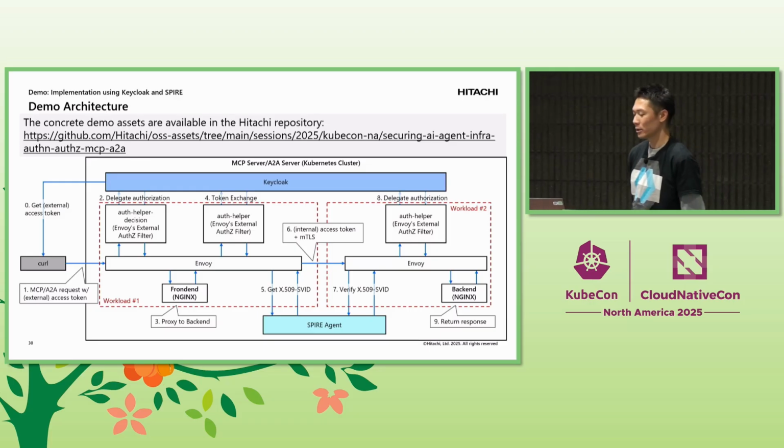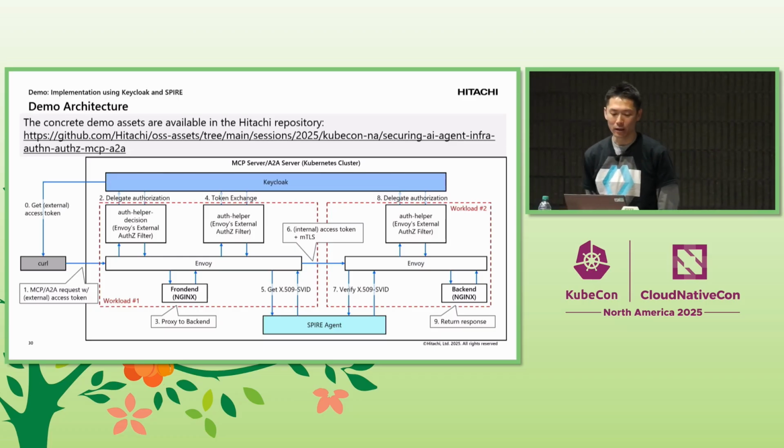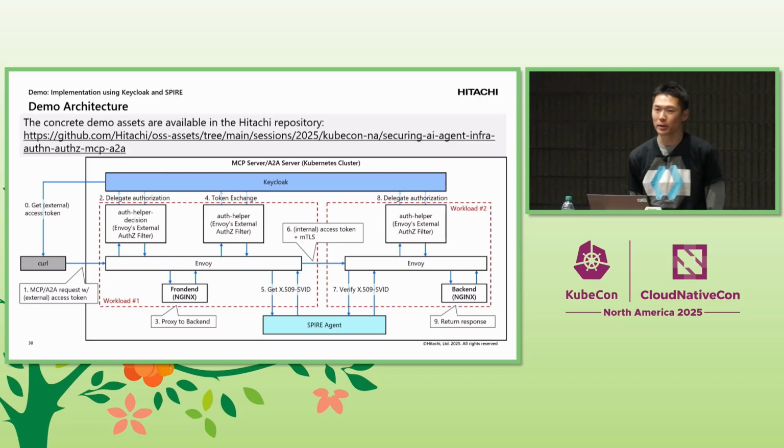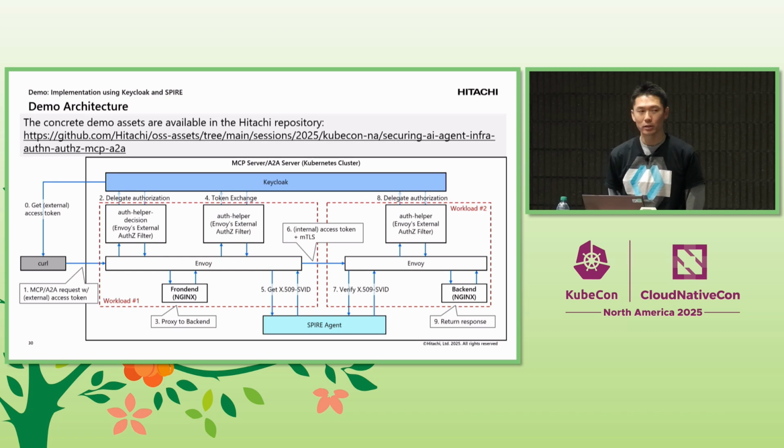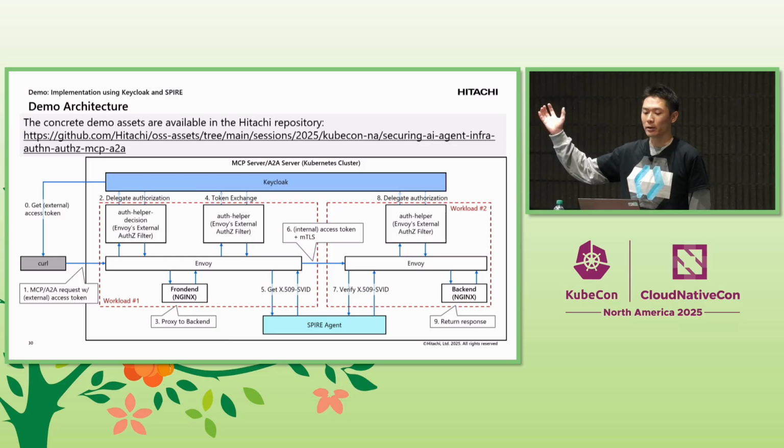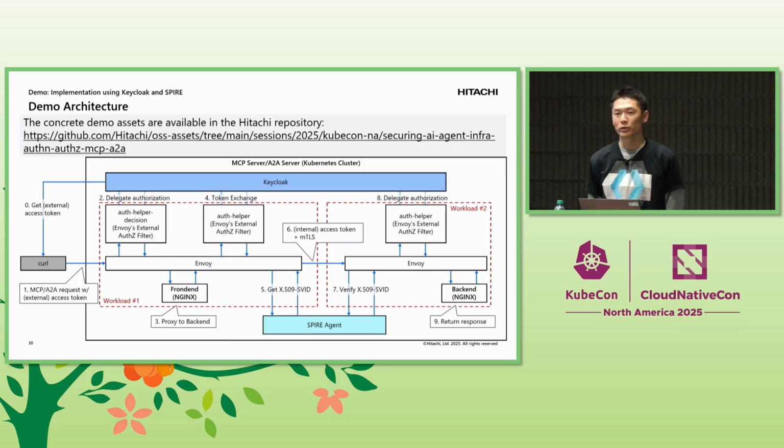In that case, currently I have no ideas, but maybe in yesterday's sessions, there were some solutions for exchanging the internal token for external services, I think. So yeah, that kind of solution can be used, I think.